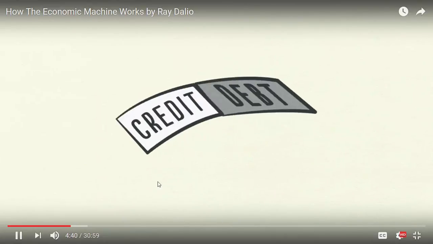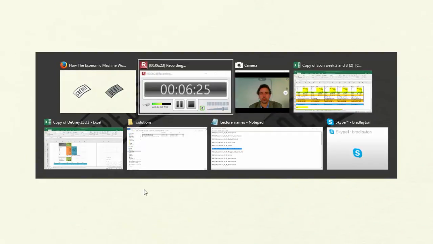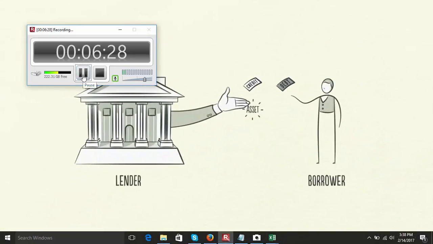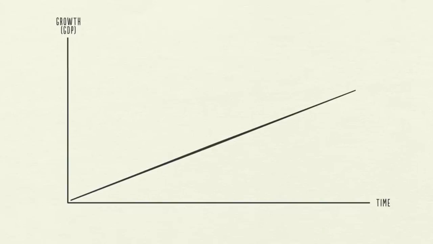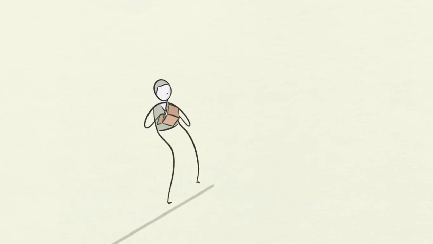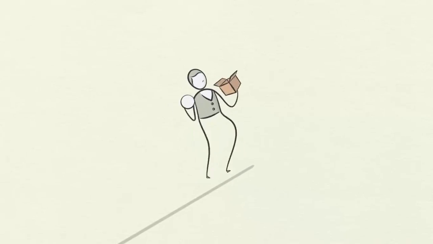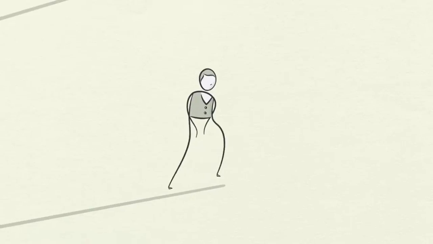As soon as credit is created, it immediately turns into debt. Debt is both an asset and a liability. Earn, and that accumulated knowledge raises our living standards. We call this productivity growth. Those who are inventive and hardworking raise their productivity and their living standards faster than those who are complacent and lazy.